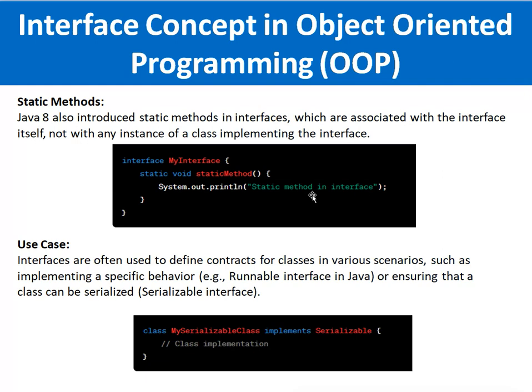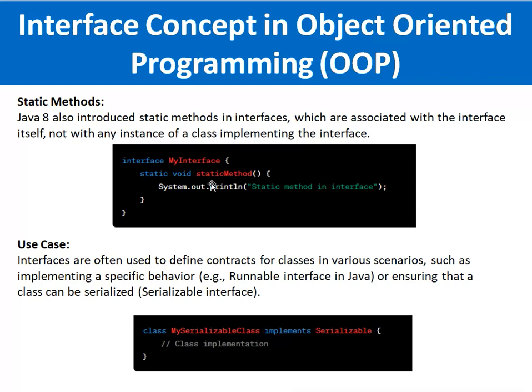Basically a static method is associated with the interface, not with any instance of a class. So the class which is implementing that interface doesn't need to implement the static method.